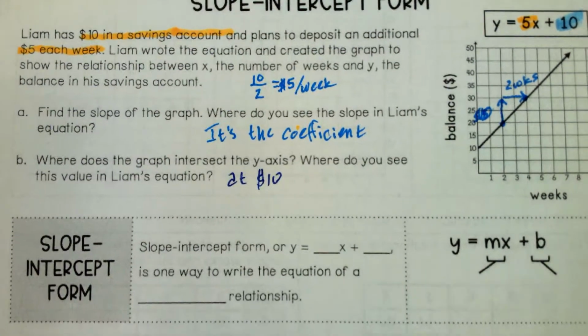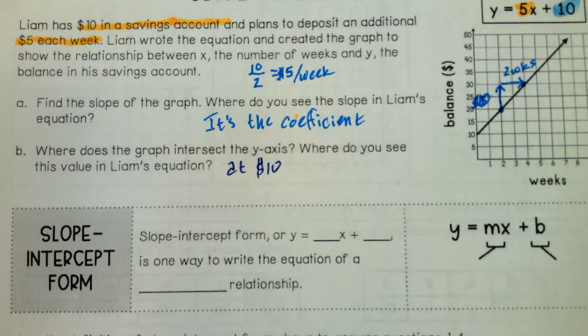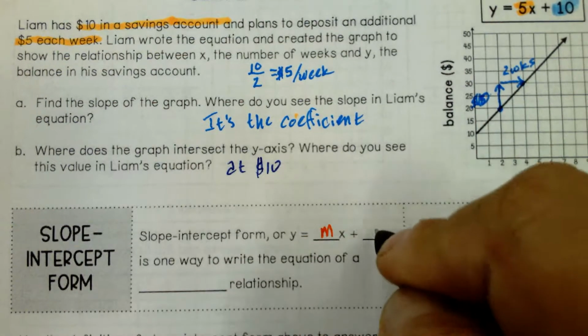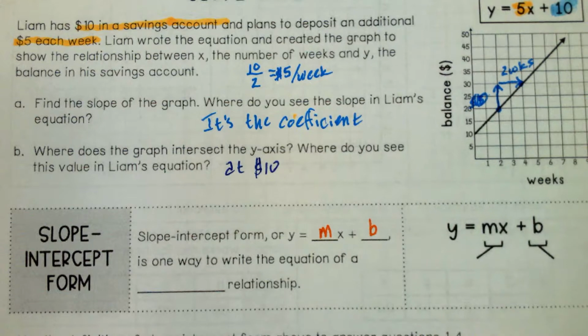Okay, so let's go ahead and go to slope-intercept form. Slope-intercept form, or y equals mx plus b. Does that sound familiar from last year? Mx plus b, y equals mx plus b.